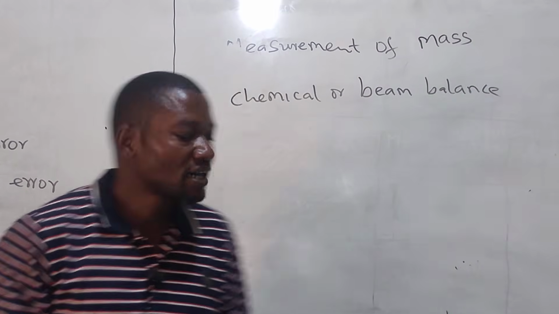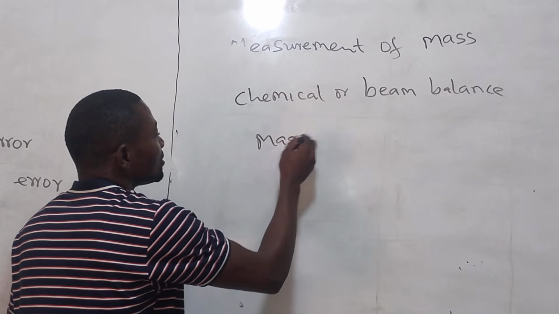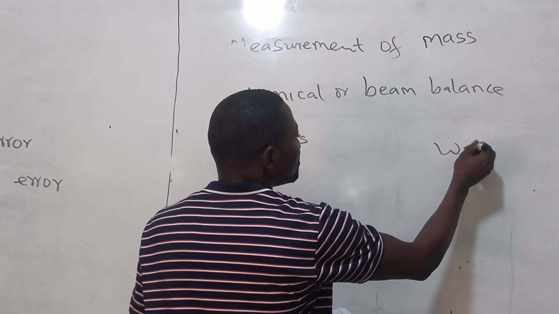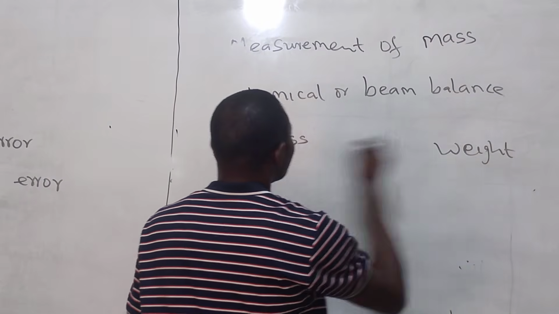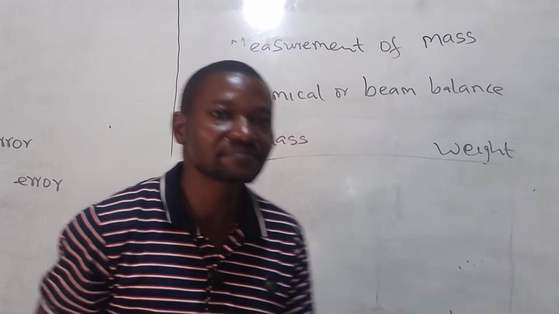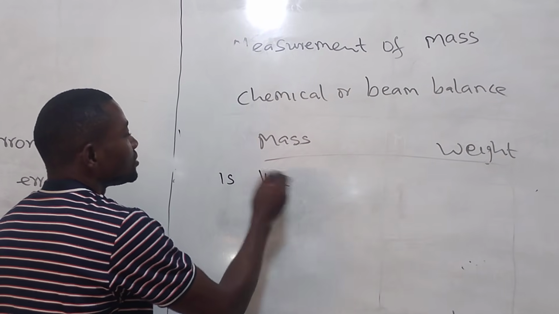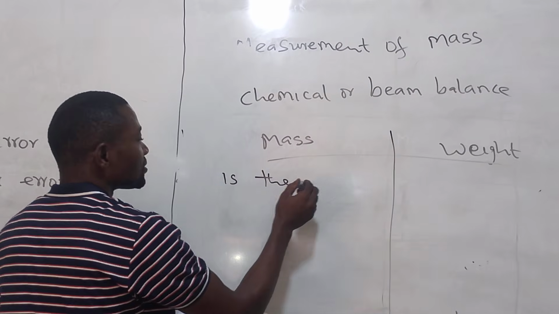And mass is not the same as weight. Let's look at it. There is a difference between mass and weight. Mass is the quantity of matter. Let's look at the difference.